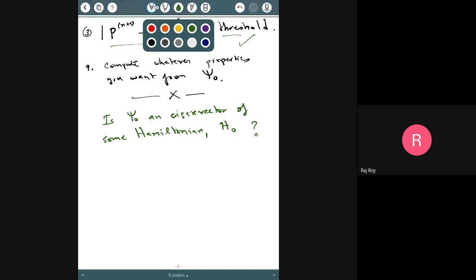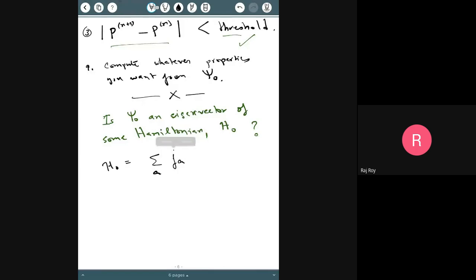So, if you have an H0, which is the sum of all the Fock matrices, then psi 0 is an eigenvector of this Hamiltonian. Okay. So can we try that out and see if that is true?